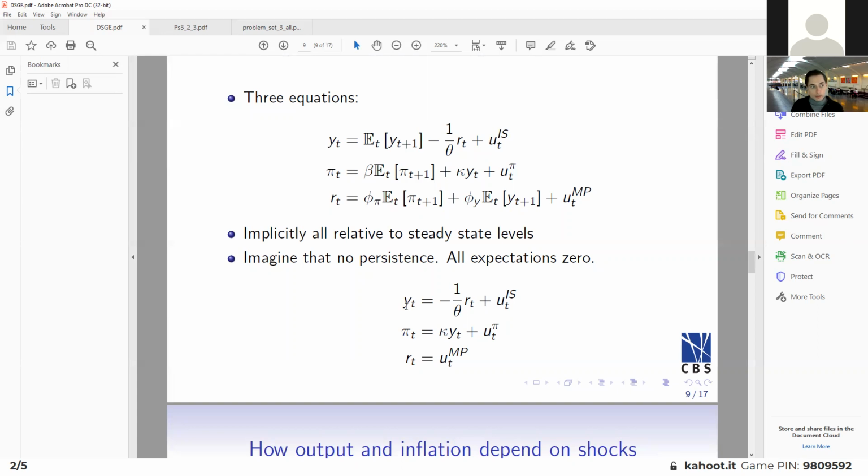So will output today be the same as yesterday? Well, probably not, because these shocks are like random draws. It's very unlikely I'm going to get exactly the same shock as I got yesterday. So output today is probably not going to be the same as it was yesterday, and output tomorrow is probably not going to be the same as today.